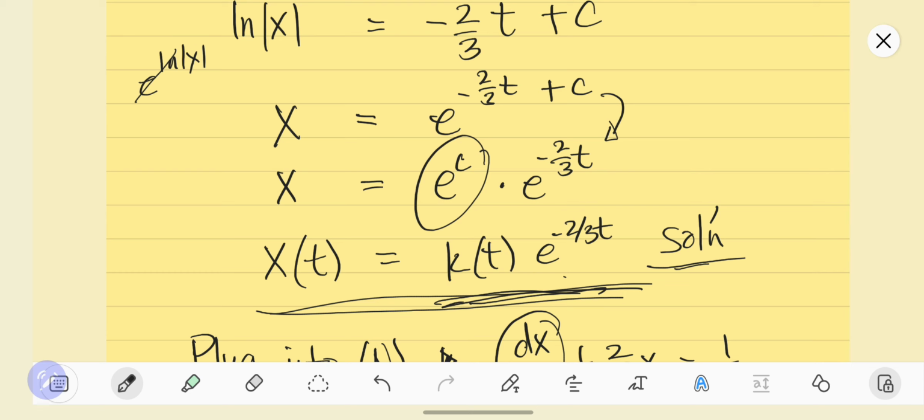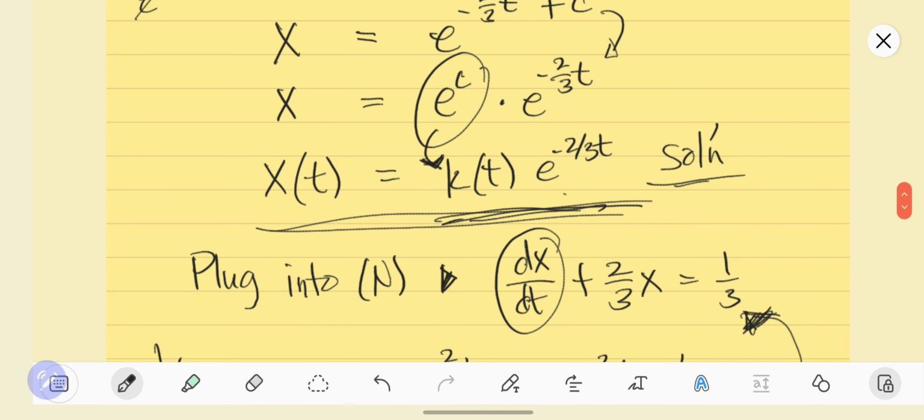Then you make your constant vary with a parameter of t. So the solution of the homogeneous equation would be x of t is equal to k of t e to the negative 2/3 t.